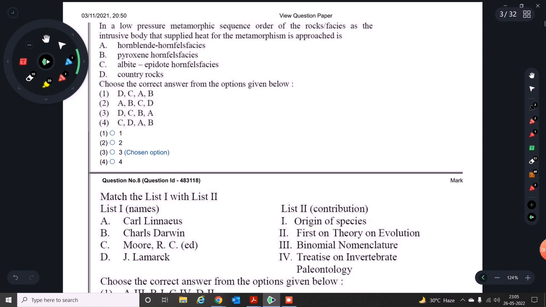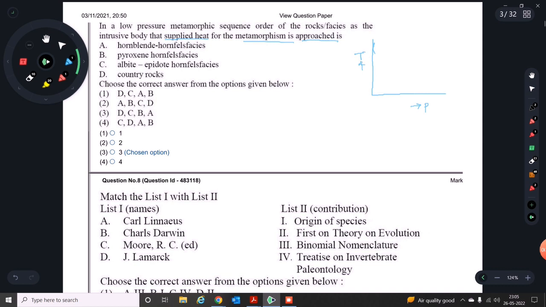In a low pressure metamorphic sequence, order the rock facies as the intrusive body that supplied heat for the metamorphism is approached. It is asking that suppose we have such a graph. Here this is the temperature axis, here this is the pressure axis.